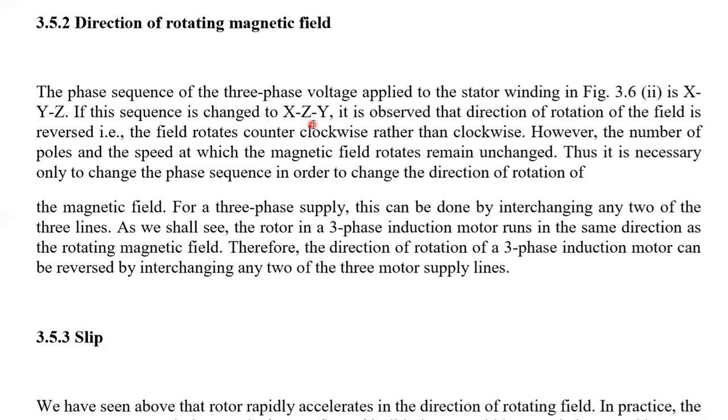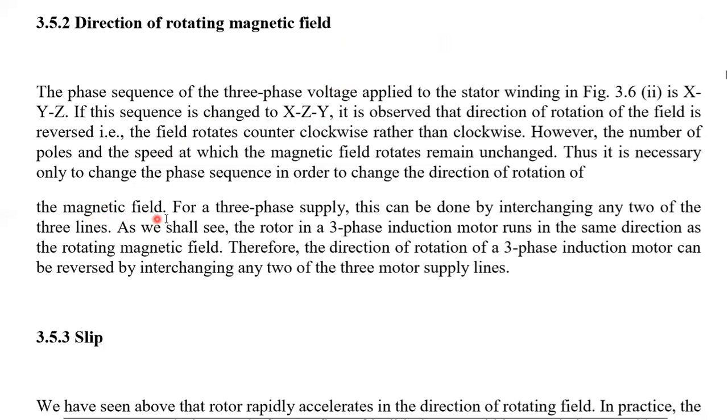First connect the three terminals X, Y, Z as usual, as per the notations. After that, change the connecting leads, Y and Z, interchange them, and then observe whether the rotor rotates anti-clockwise. You can easily understand this when you do the experiment.